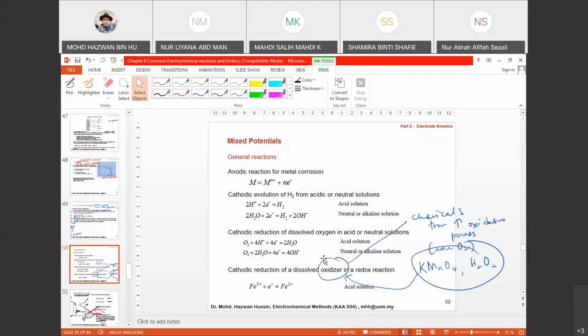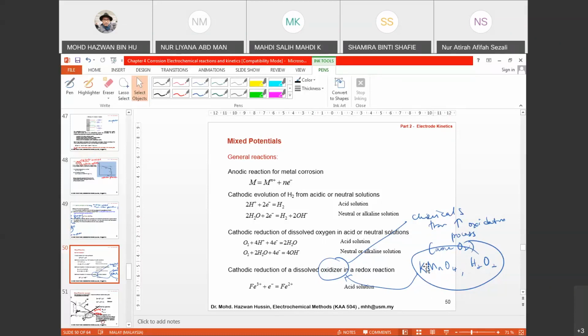What does oxidizer mean? It is a chemical added to the electrolyte that can increase the oxidation process, which eventually increases the forward reaction. These are chemicals that have more oxygen, for example potassium permanganate and hydrogen peroxide.